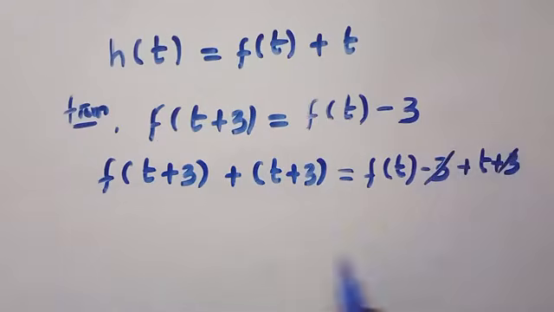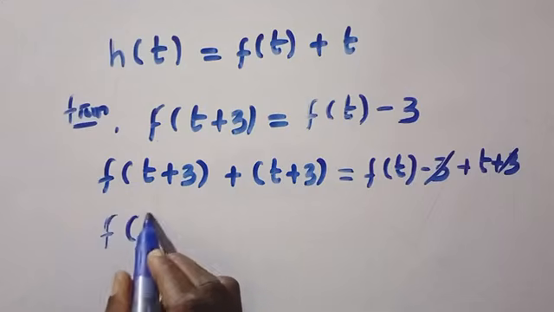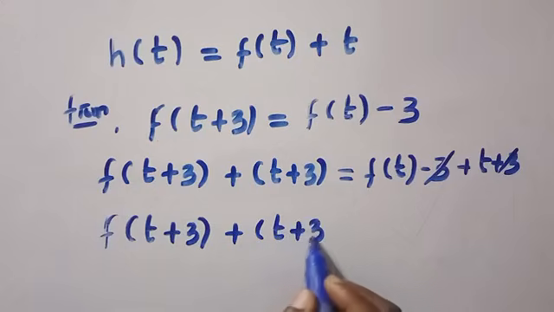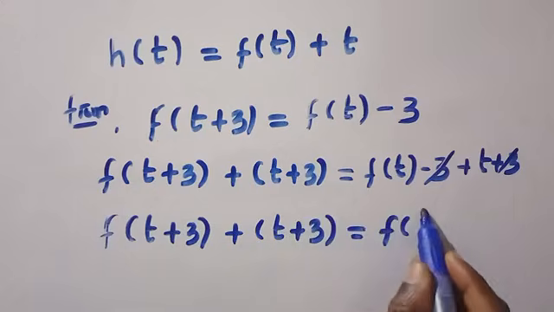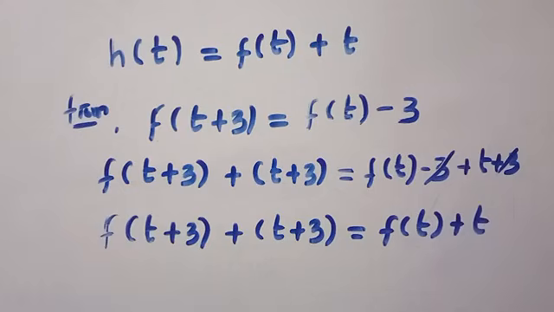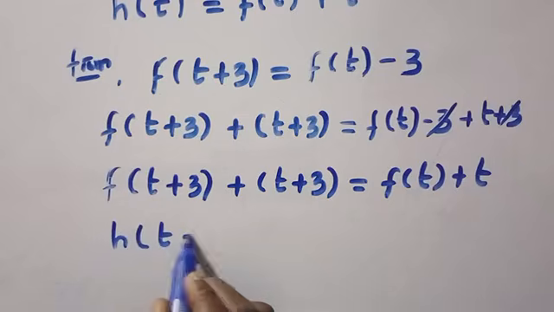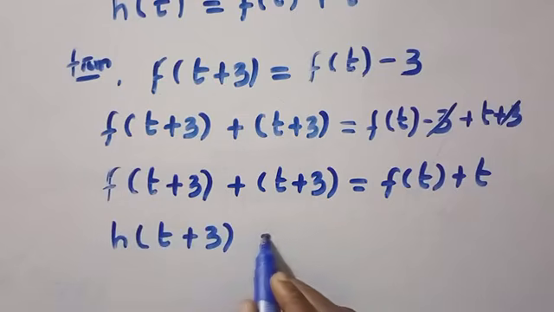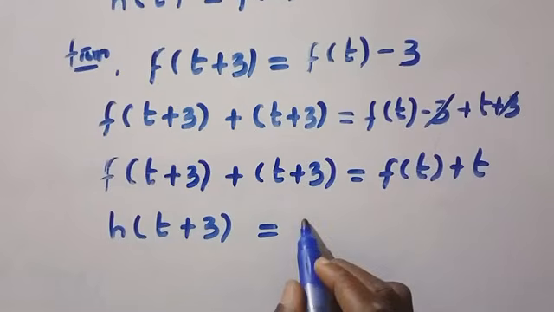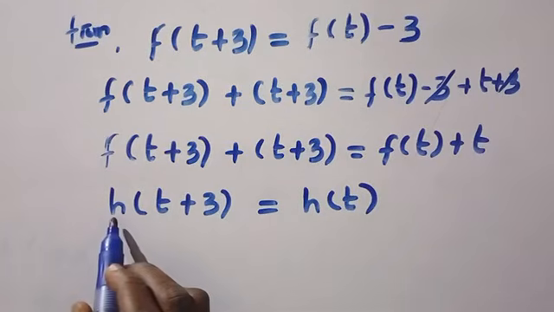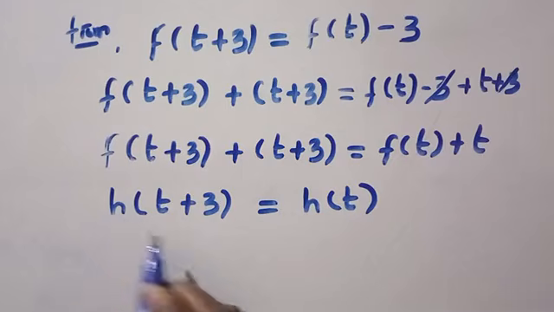From here, minus 3 cancels plus 3. This gives us f of t plus 3 plus t plus 3 equals f of t plus t. So this looks like h of t plus 3 equals h of t. Then h is known as the periodic function, which always has the period of 3.